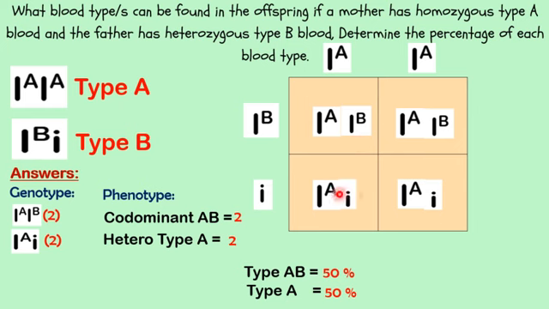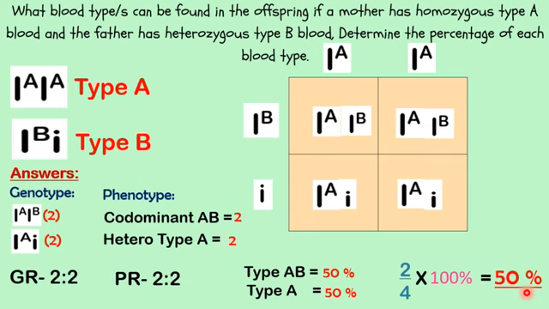And out of 4 children, there are 2 type AB and there are also 2 type A. So 2 divided by the total number of children, which is 4, times 100 is equal to 50%. The same story with type A. 2 out of 4 children multiplied by 100 is equal to 50%. How about the ratio? The genotypic and the phenotypic ratio are both the same, 2 is to 2.